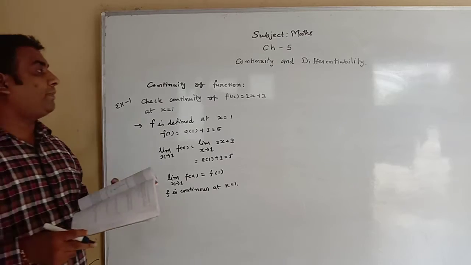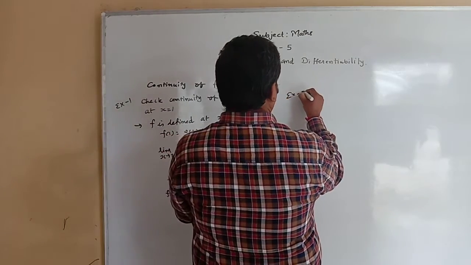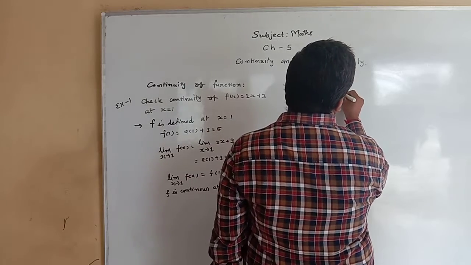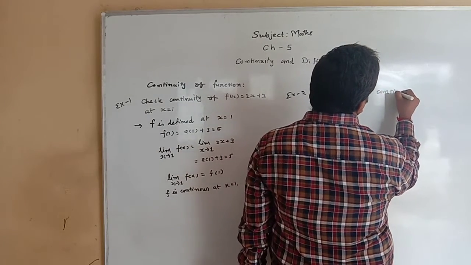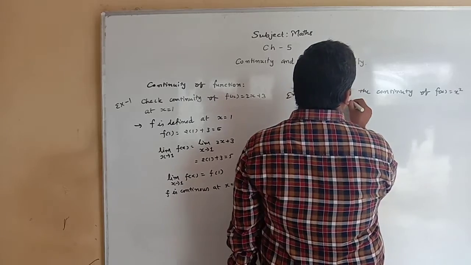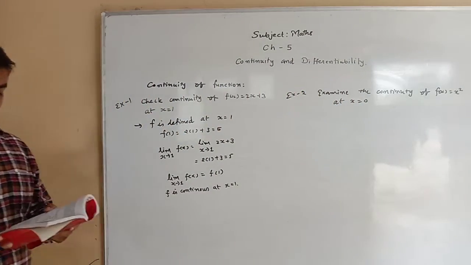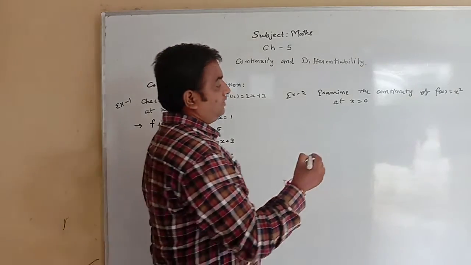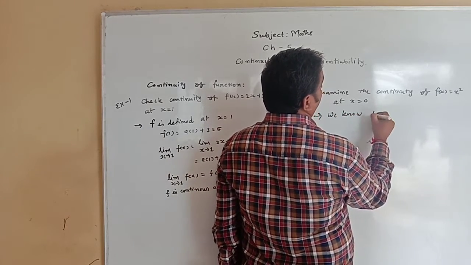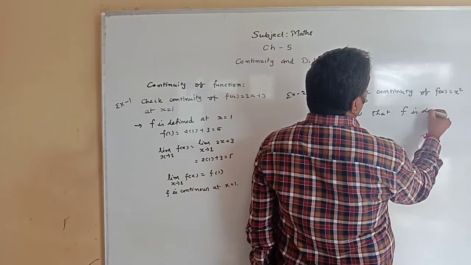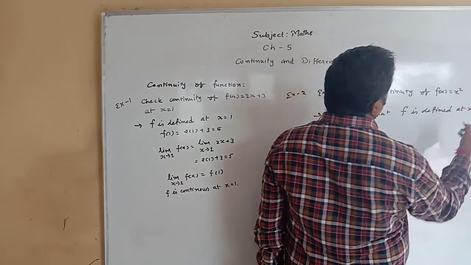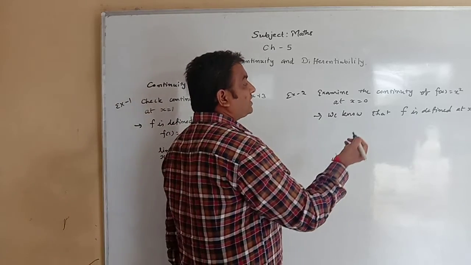Now example number 2: examine the continuity of f(x) equals x square at x equals 0. f is defined at x equals 0 because the x square value exists.